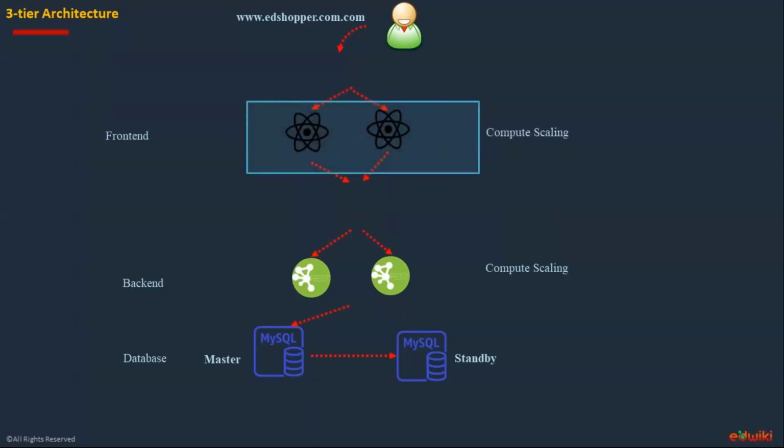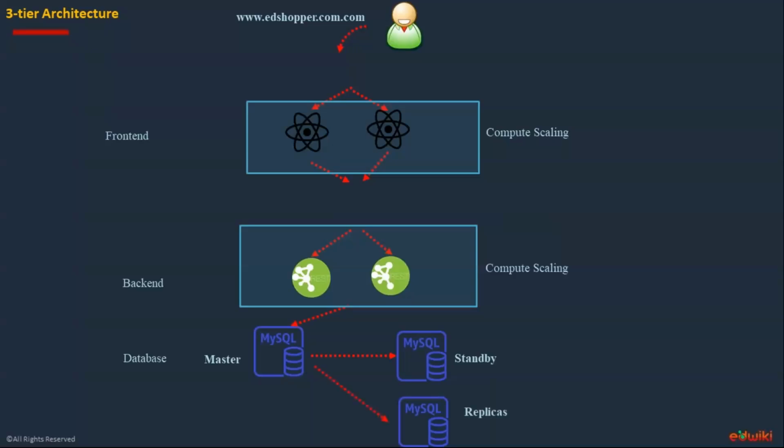Now, there are certain databases which help you have multiple replica databases. Standby is one concept. The other concept is master and replica. With the replica concept, it is possible to have multiple replica copies of your database.